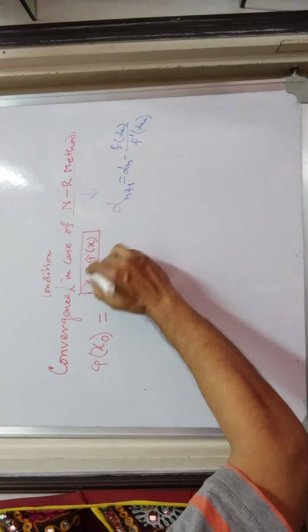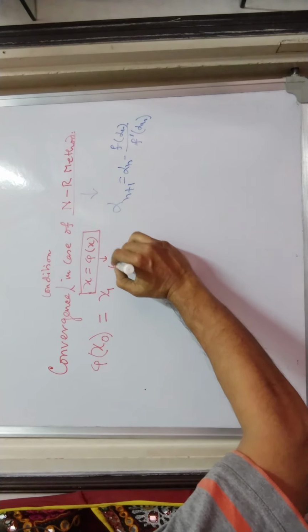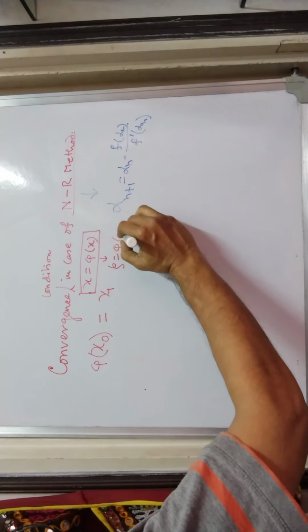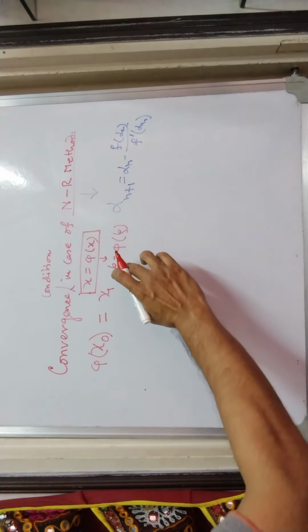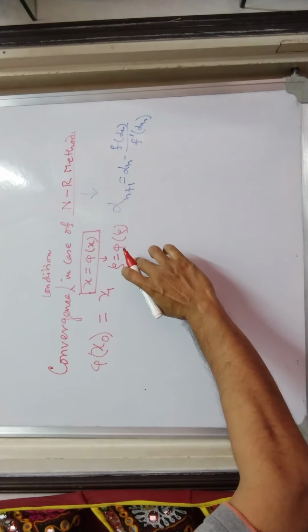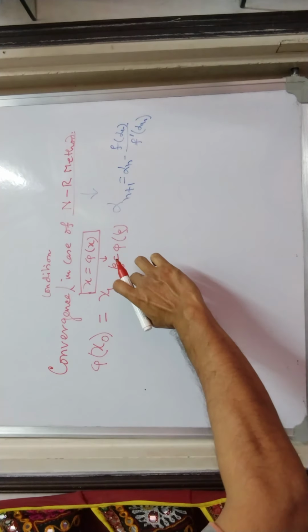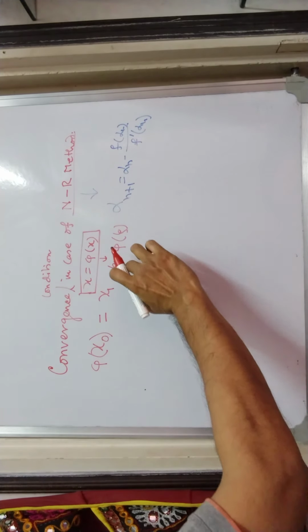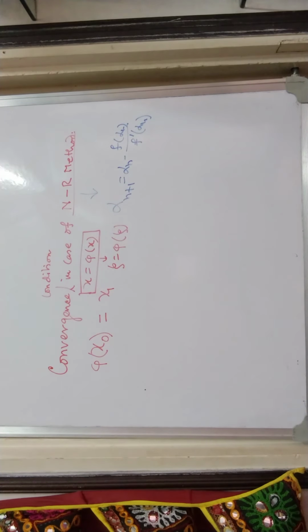Let us represent it as, to avoid confusion, zeta equal to phi(zeta) for the root itself. So whenever we have a zeta for which the function phi gives us the value of zeta, then it is the fixed point for that function, isn't it so?